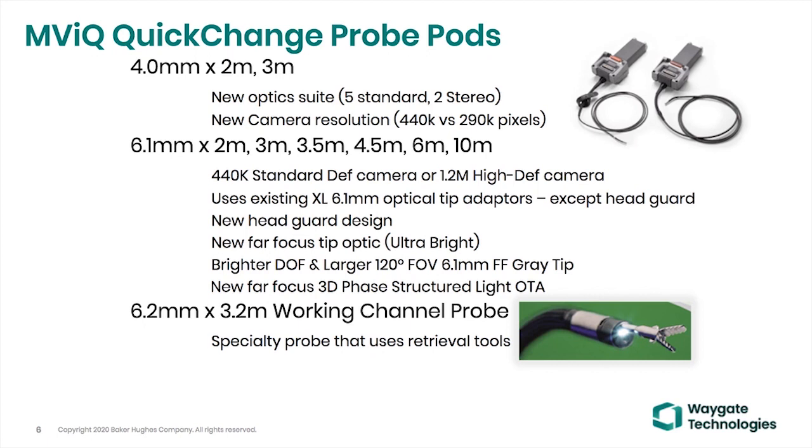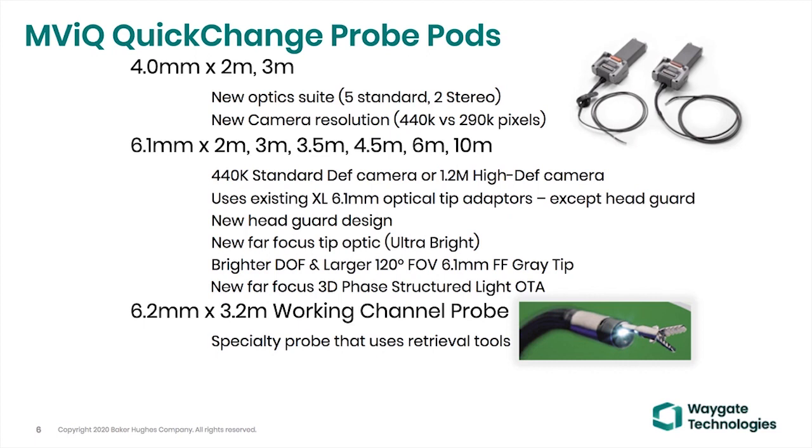So various tools to do your job, and that's why we have that workstation and the compact dual probe, because some people actually roll out with a 6.1 millimeter and an 8.4 or a 4 millimeter. So they'll have two different probes to do your job fully in the kit.